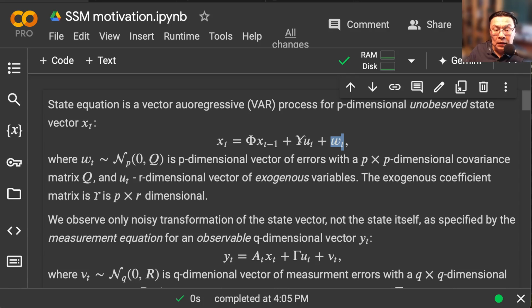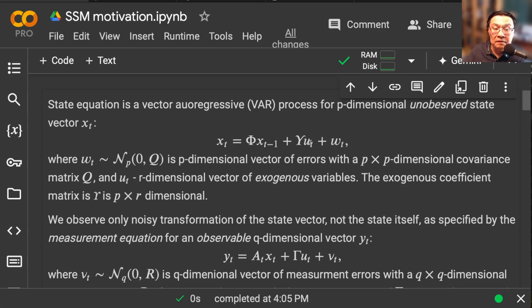Now this u variable is an exogenous variable. So xt is an endogenous variable of the state, which is hidden, not observed directly. It is influenced by some observable exogenous variable. Imagine you're trying to build some kind of interest rate model, what can impact it? Maybe the stock market, maybe GDP, unemployment, and so on.